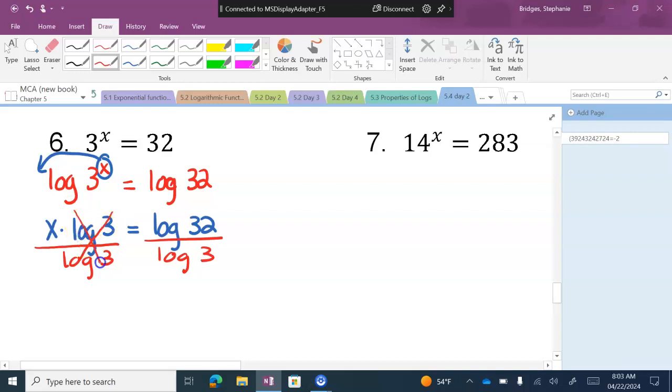All right, so then I end up with my calculator ready version, x equals the log of 32 divided by the log of 3. Okay, so that's your calculator ready.